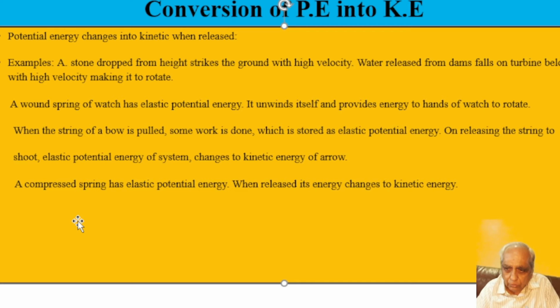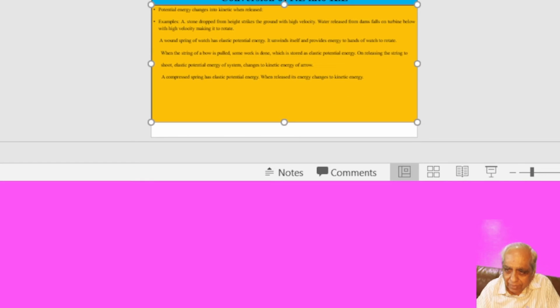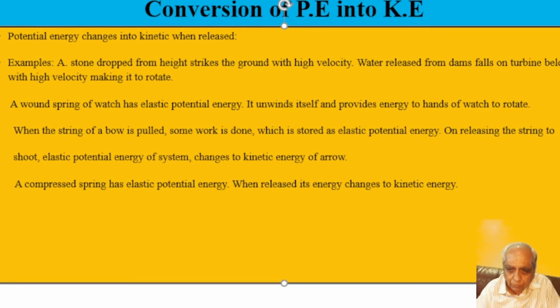When it drops down, its potential energy will become 0. So what is the work done? Whatever potential energy it has lost, mgh. So it will have kinetic energy equal to mgh. At the bottom, when it drops, it has high velocity, that is kinetic energy.